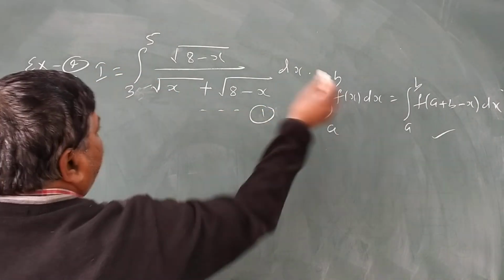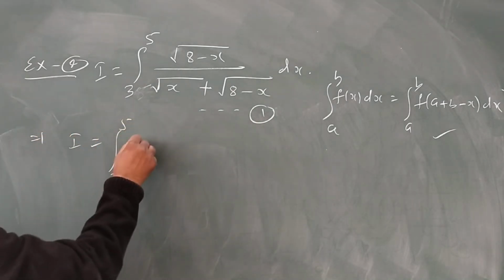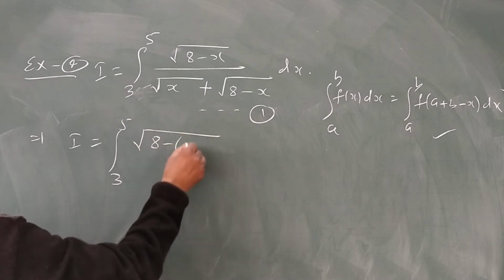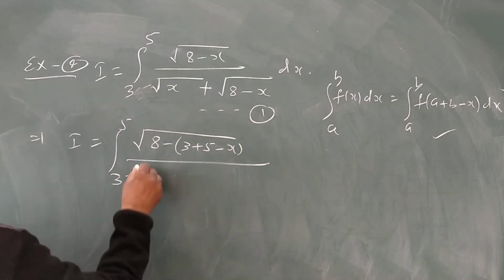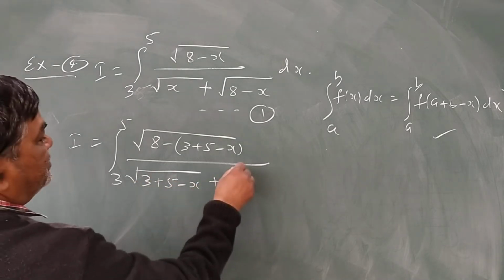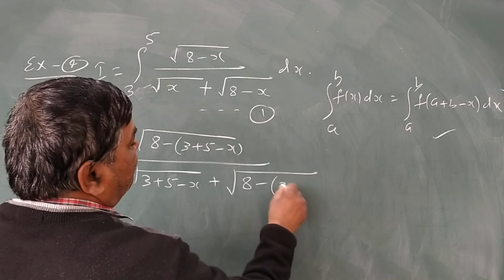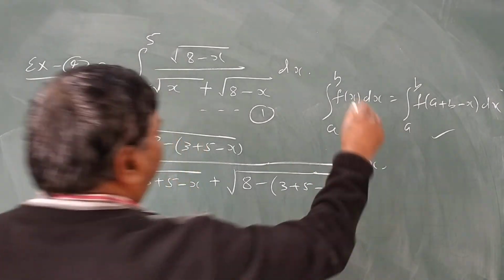So from this property I can write it as the integral from 3 to 5 of root(8 minus (3 plus 5 minus x)) divided by root(3 plus 5 minus x) plus root(8 minus (3 plus 5 minus x)) dx.